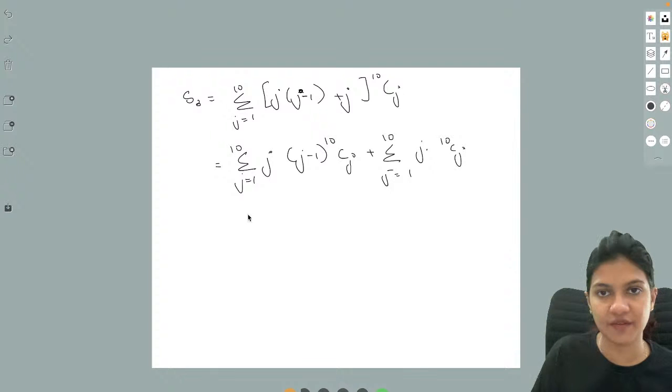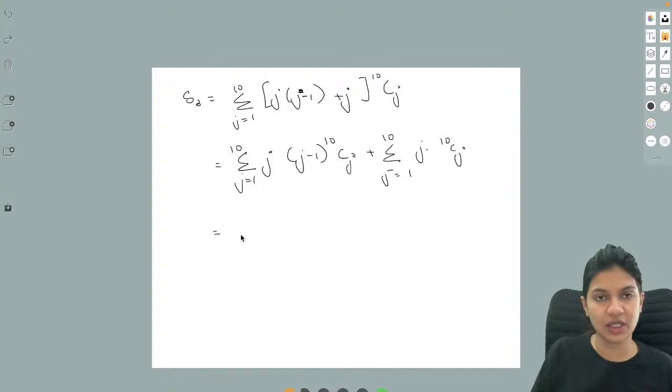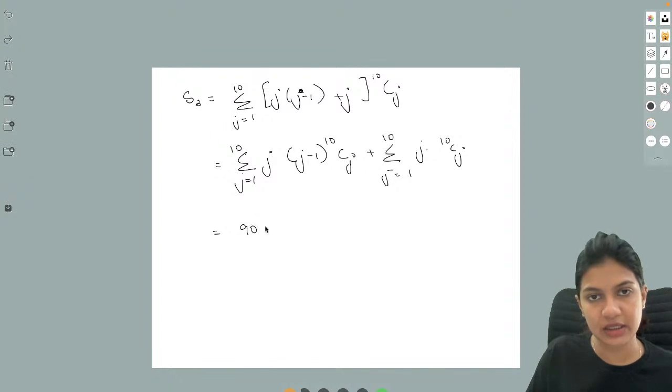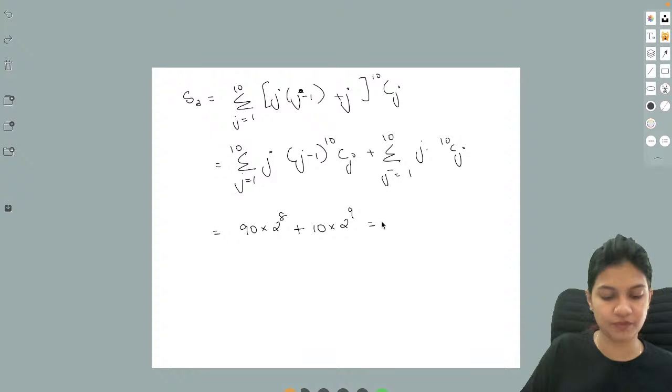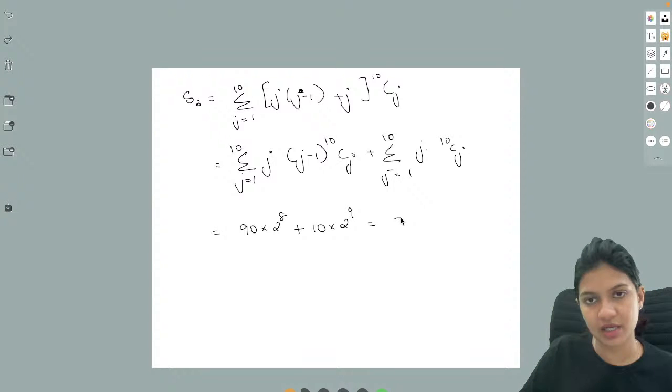They have split it and written. Here each of them is nothing but S1 and S2, that is 90 into 2 to the power 8 plus 10 into 2 to the power 9, which is nothing but 55 into 2 to the power 9.